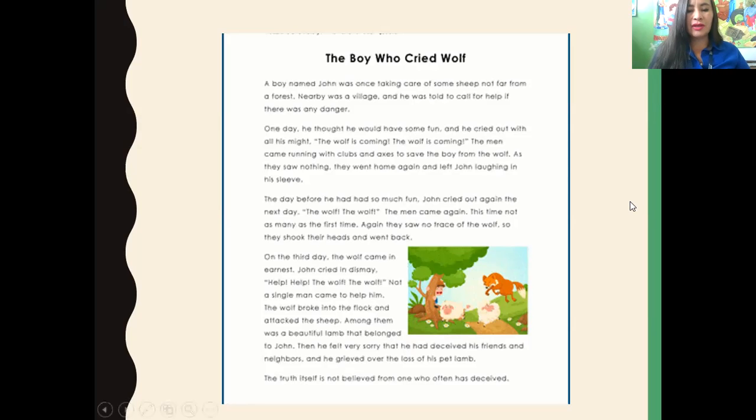The wolf broke into the flock and attacked the sheep. Among them was a beautiful lamb that belonged to John. Then he felt very sorry that he had deceived his friends and neighbors, and he grieved over the loss of his pet lamb. The moral for this story is, the truth itself is not believed from one who often has deceived. The end.